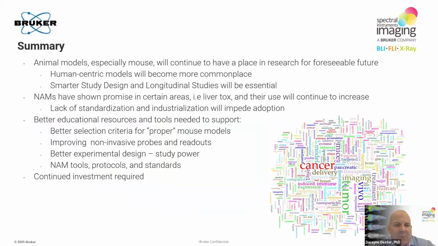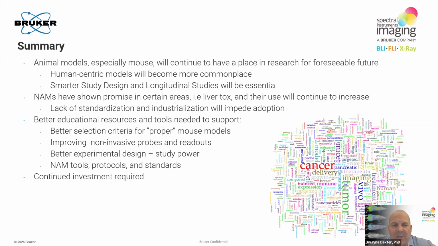So with that, I'd like to just wrap up and summarize. Animal models continue to have a place in our research for the foreseeable future. You will definitely start to see a shift towards more human-centric types of models, and I'm definitely a fan of this.